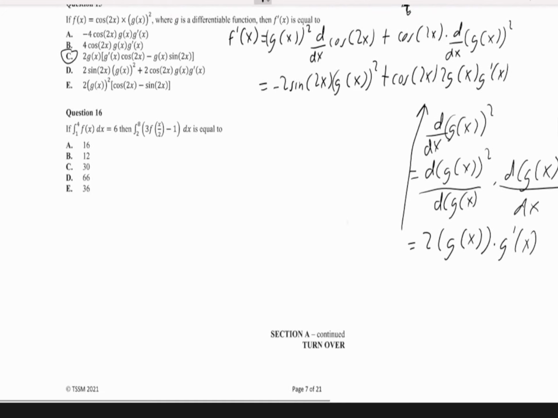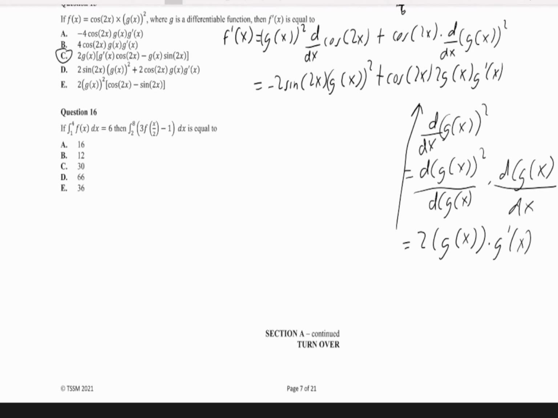Question 16. I just rewrote this first real quick. And then I broke up the function.